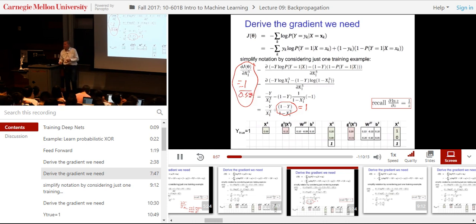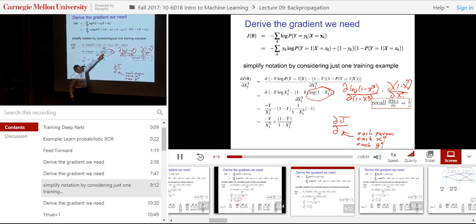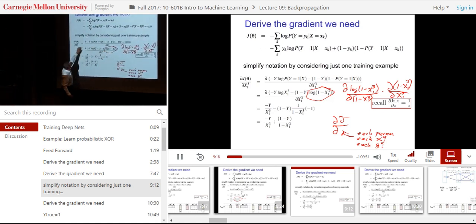Yes? Could you explain why we go from log of the probability to log of x3,1? Oh, how do we go from the log of the probability to log of x3,1? All I was doing was, I need the derivative. I mean, J is up there, we agreed.